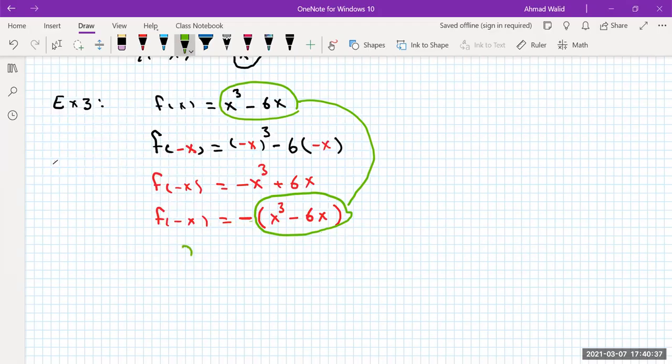Then can I write f of negative x in this problem equals the negative of x cubed minus 6x, which is actually f of x, right? Negative f of x. Which condition is this? This is the condition that the function is what? Odd. Then easily you find that your function is what? Odd.